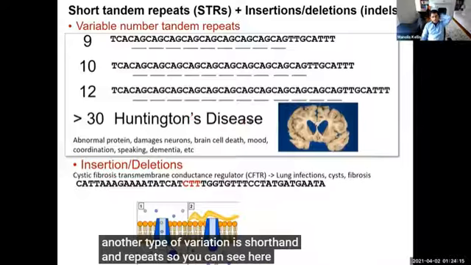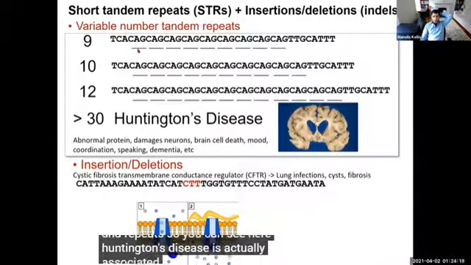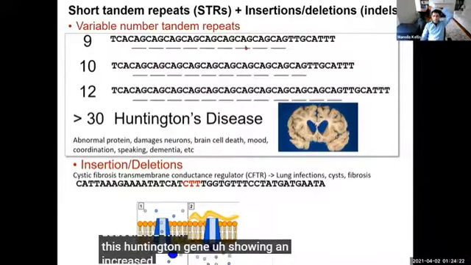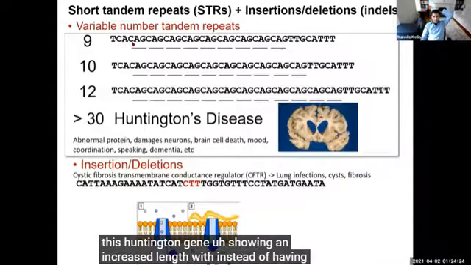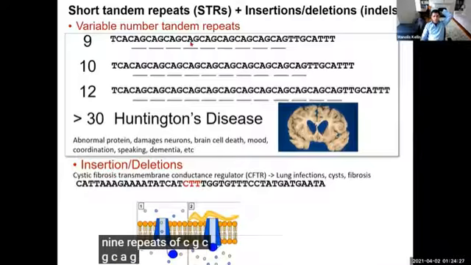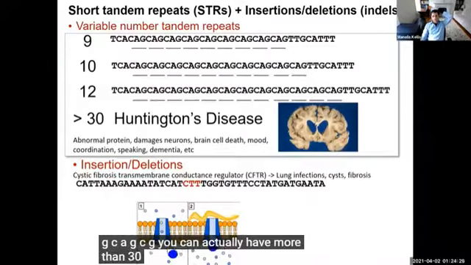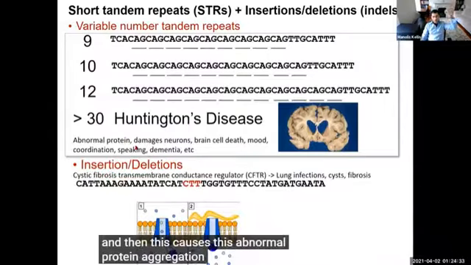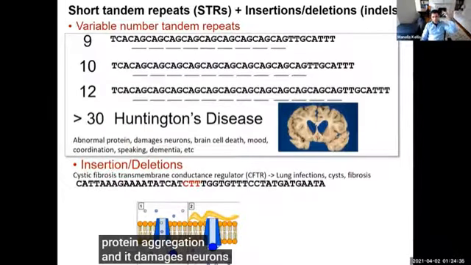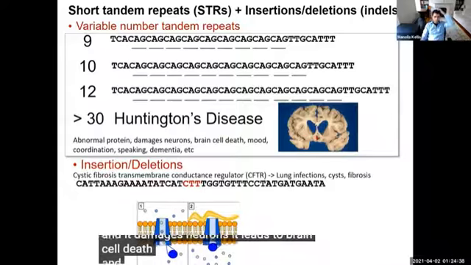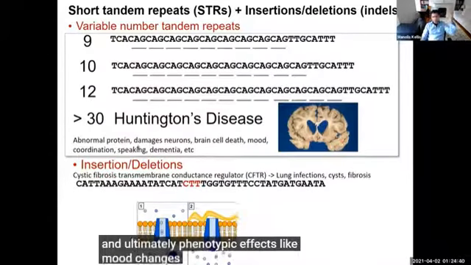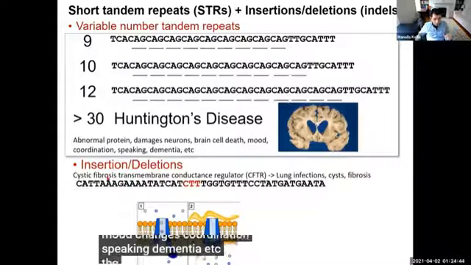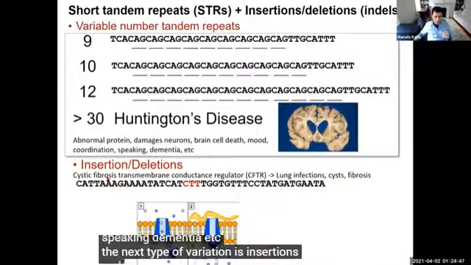Okay, so another type of variation is short tandem repeats. You can see here, Huntington's disease is actually associated with the Huntington gene showing an increased length, where instead of having 9 repeats of CAG, CAG, CAG, CAG, you can actually have more than 30 repeats. And then this causes abnormal protein aggregation, and it damages neurons, it leads to brain cell death, and ultimately phenotypic effects like mood changes, coordination, speaking, dementia, etc. The next type of variation is insertions and deletions.